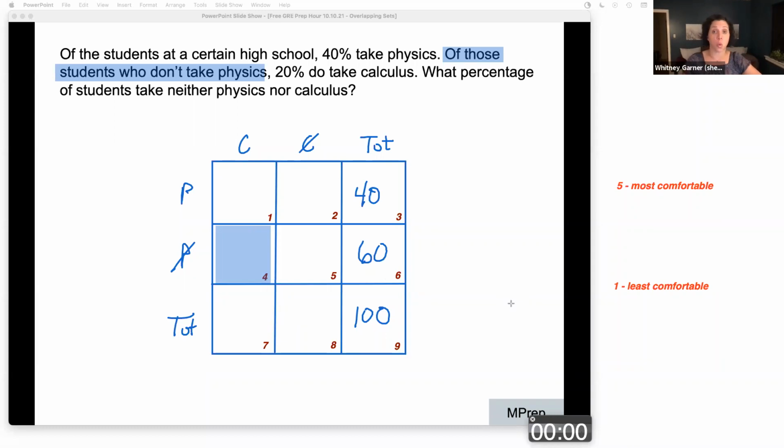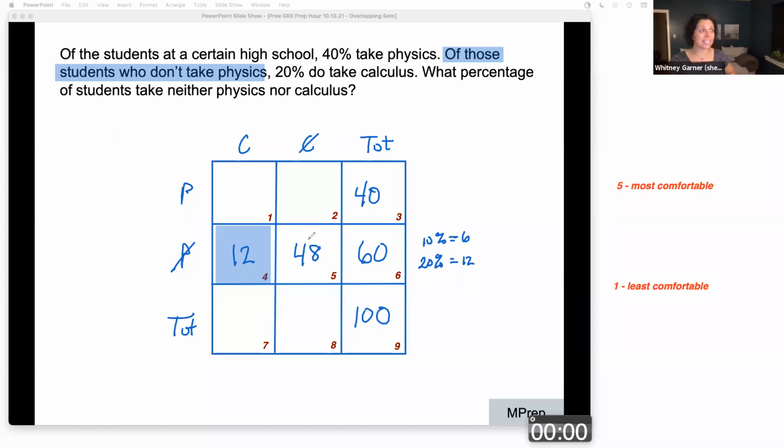So I need to find 20% of 60. Well, 10% of 60 is 6. And so 20% of 60 would be 12. So 12 people take calculus but don't take physics, leaving 48 here.